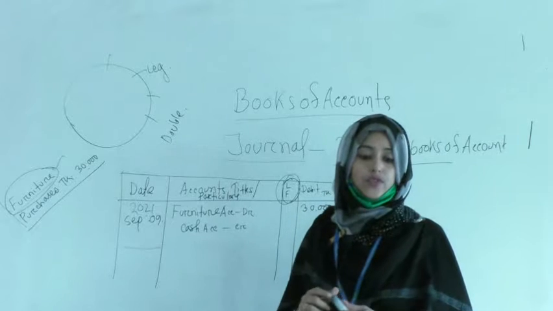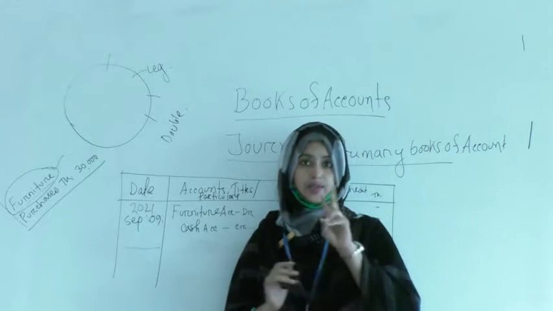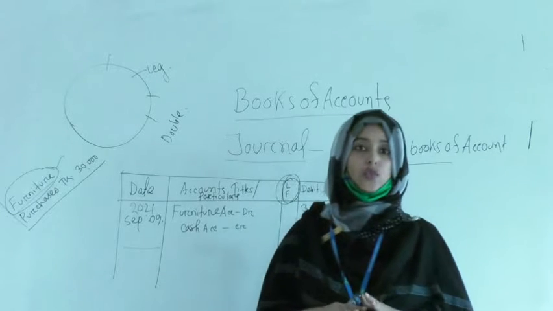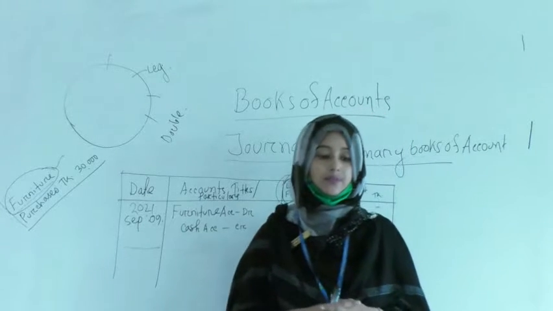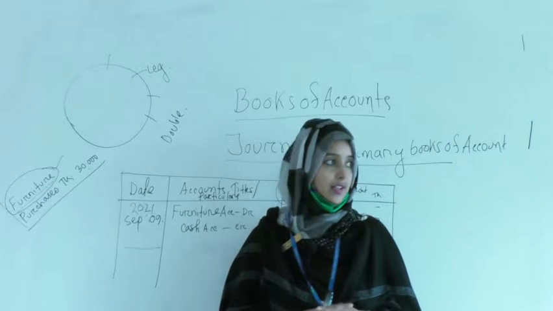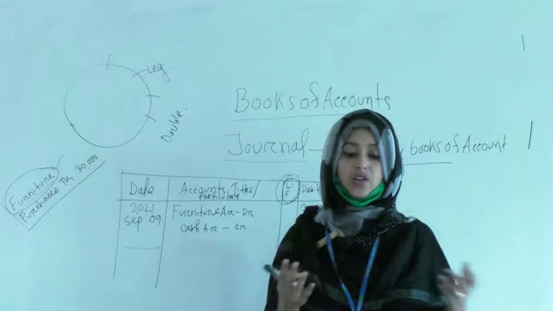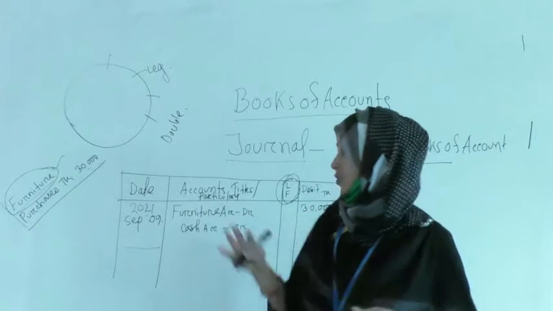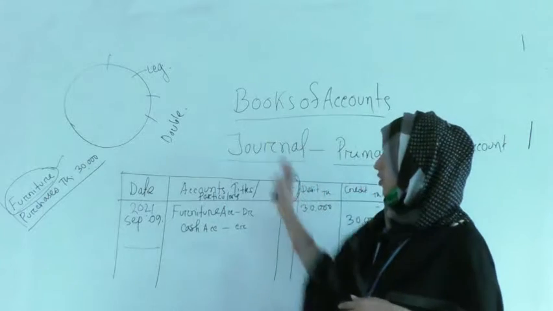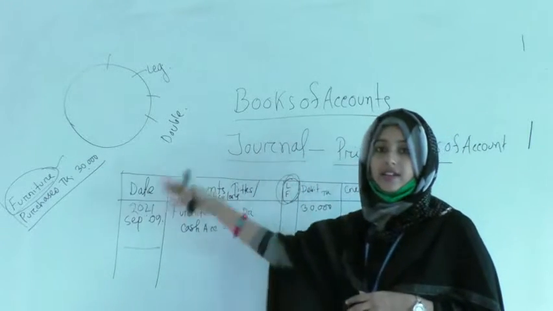Then we have to go for the classification of journals. There are two types of journal. One is general journal, another is special journal. What is general journal? Identifying the debit and credit of a transaction and recording it in the journal proforma is called general journal. What I have done on the board right now is called general journal.